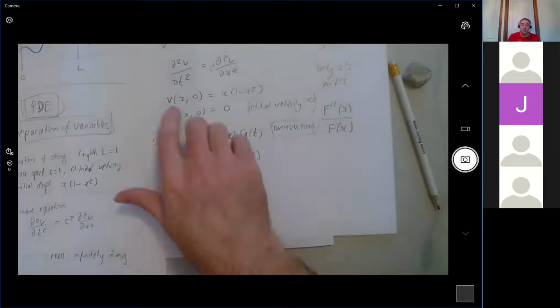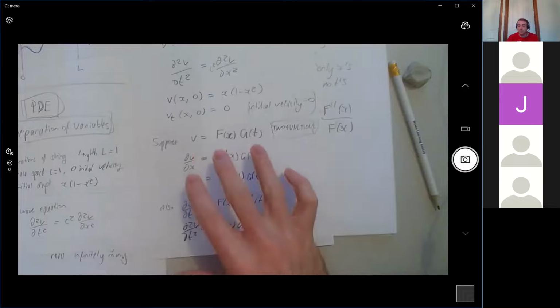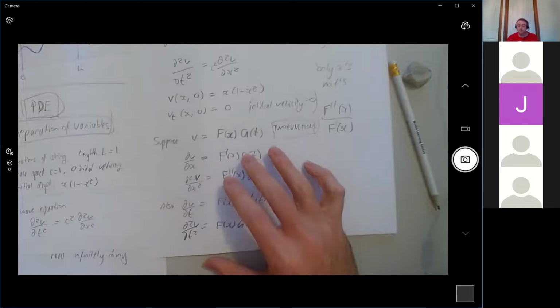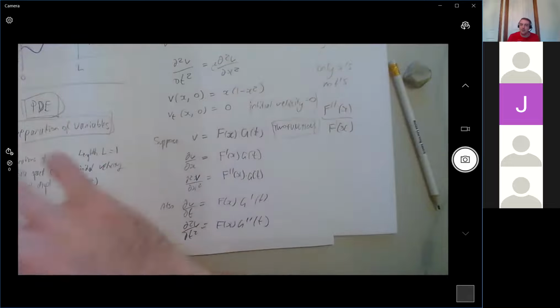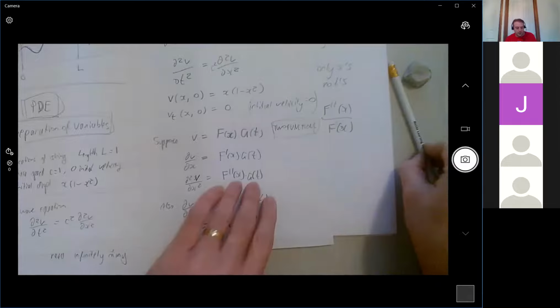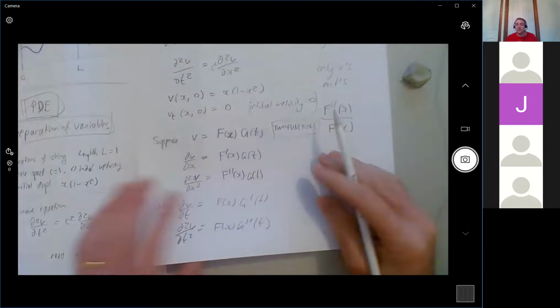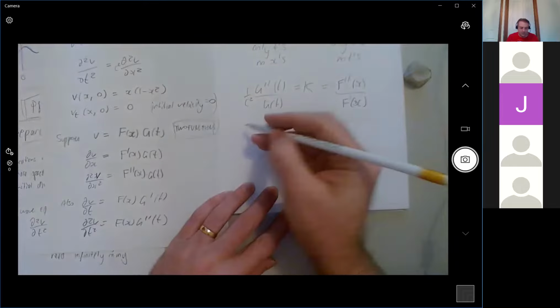We need to get rid of all the v's and turn them into f's and g's in order to do this process. It's just that instead of substituting the x and the t for something new, we're substituting the function itself for something new. So we need to figure out what these are in terms of f and g as well. Okay, so let me just do that for a second.